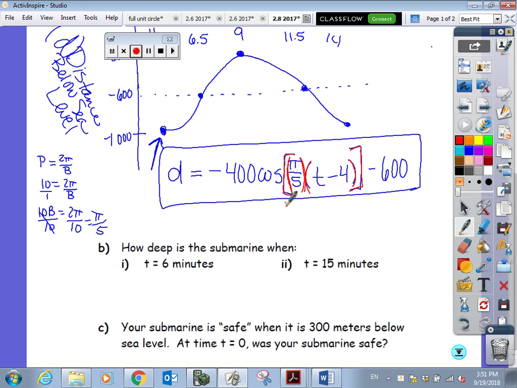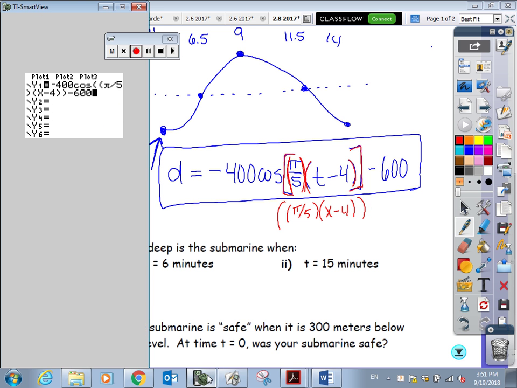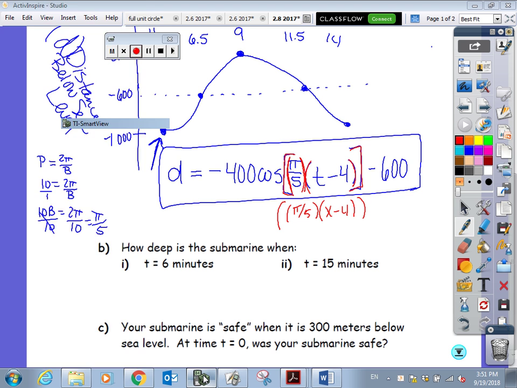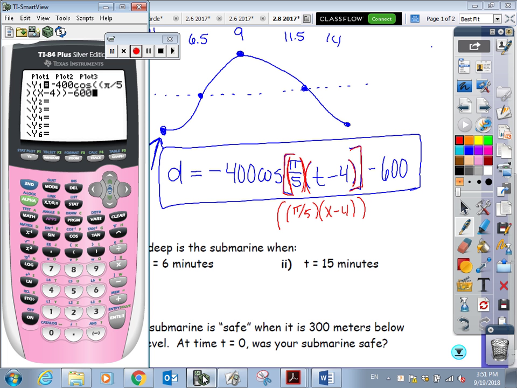Open, open, pi divided by 5, close, open, x minus 4, close, close. Has to be that way in your calculator. Practice that. If you don't practice it, test and quiz day might not be so pretty for you. Calculator won't just find the answer. You have to be able to plug things in correctly.